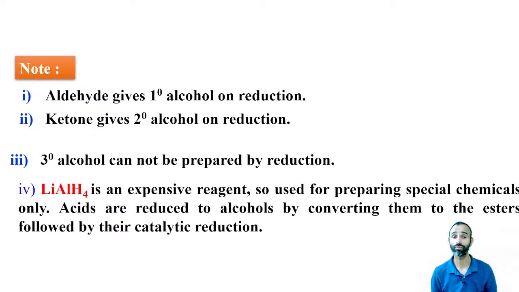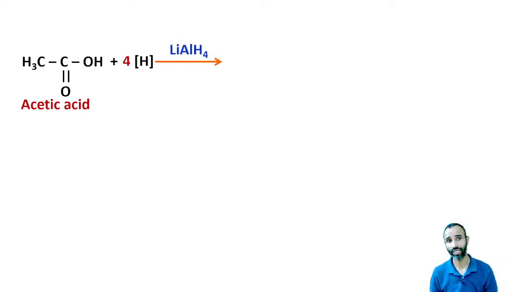And lithium aluminum hydride is an expensive reagent, so we use it for special purposes only, and at the same time it is very violent. It can react with water. But acetic acid, we cannot reduce it with sodium borohydride. So we have to use a strong reducing agent like lithium aluminum hydride.